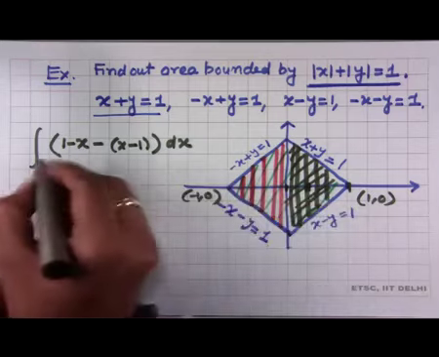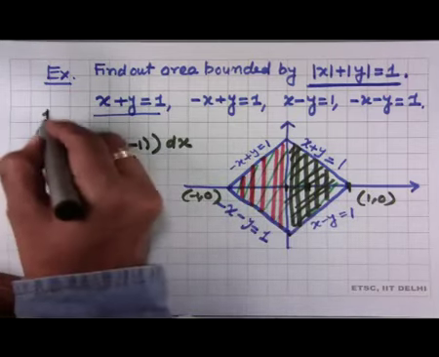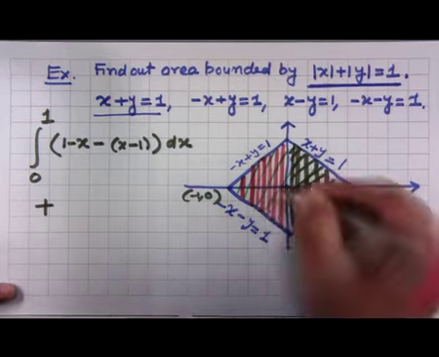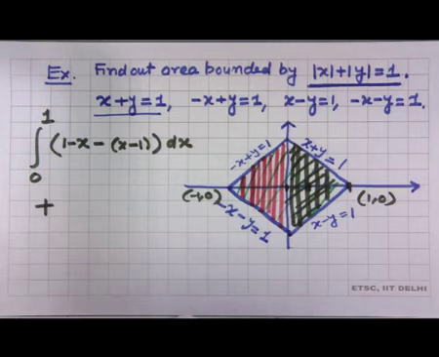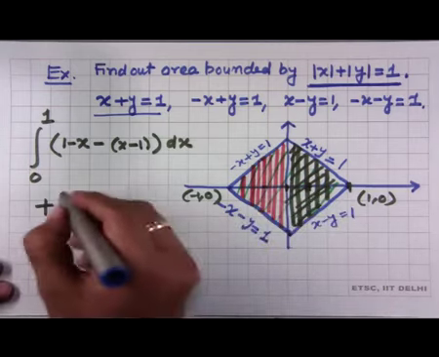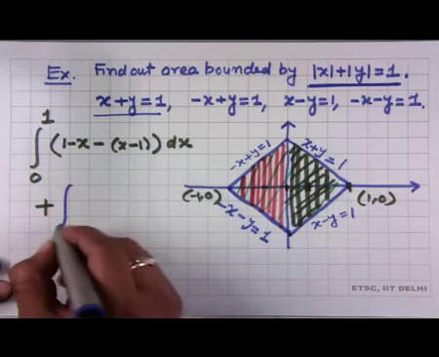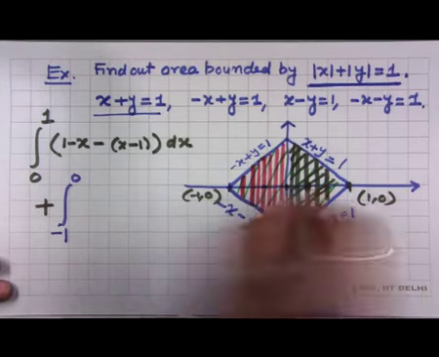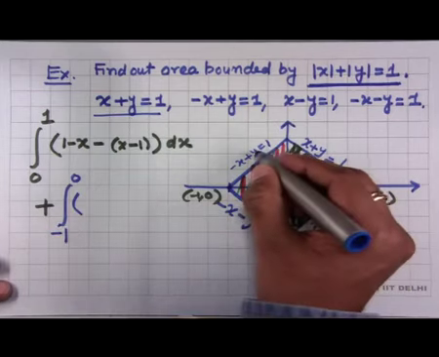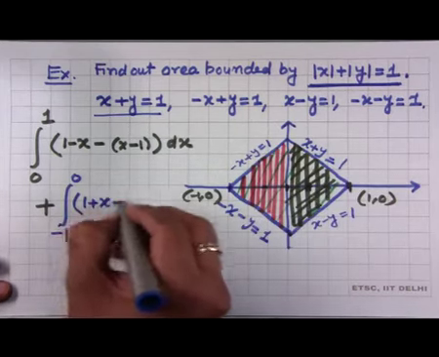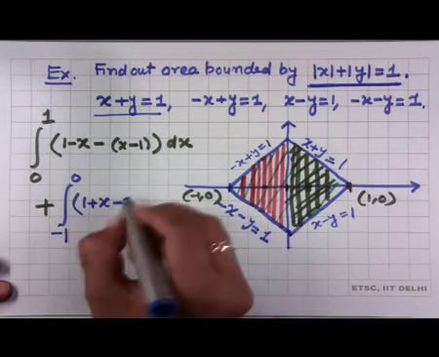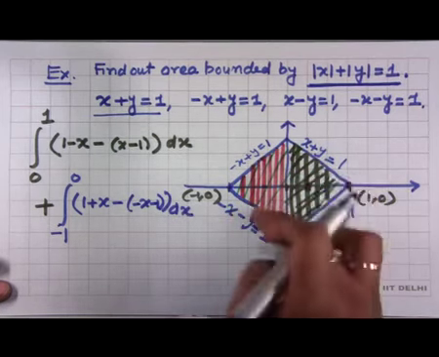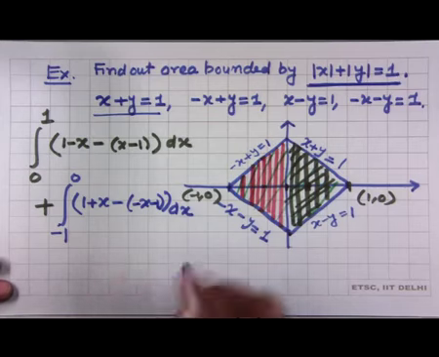So, the limit of this integration will be 0 to 1, plus, for the red shaded region, if you take dx as the width of the elementary strip, the limit will be from minus 1 to 0, and the elementary area will be y, which is 1 plus x, minus y, which is minus x minus 1, into dx. That is f x minus g x, try to recall the formula we discussed earlier.